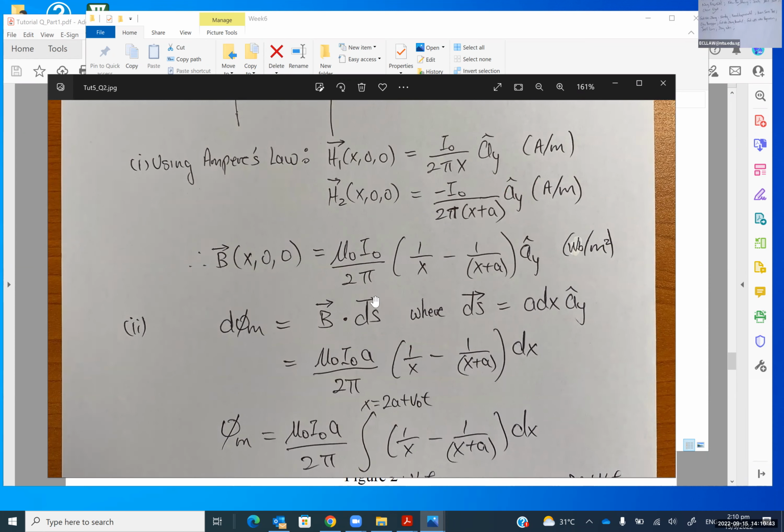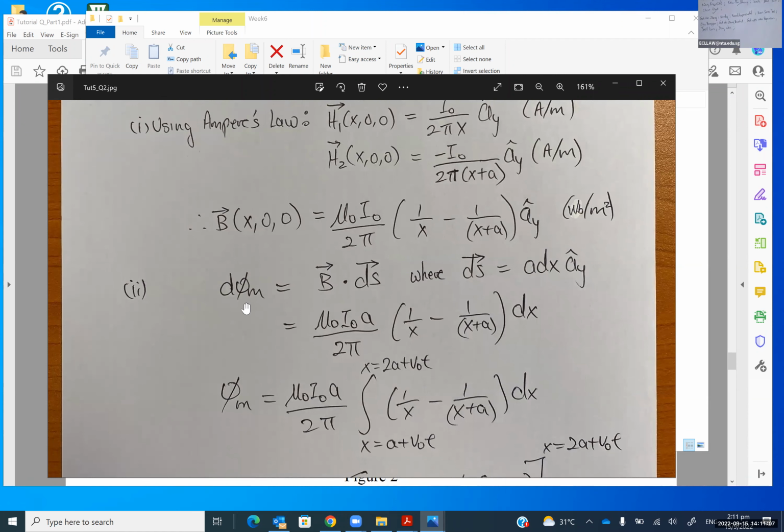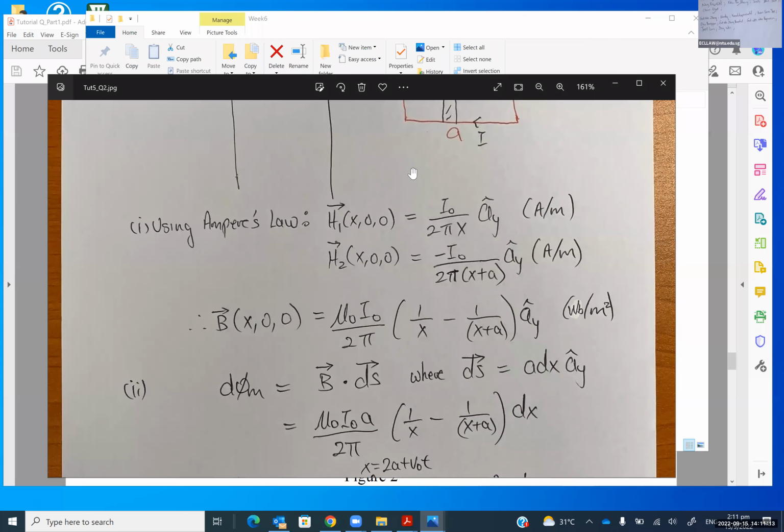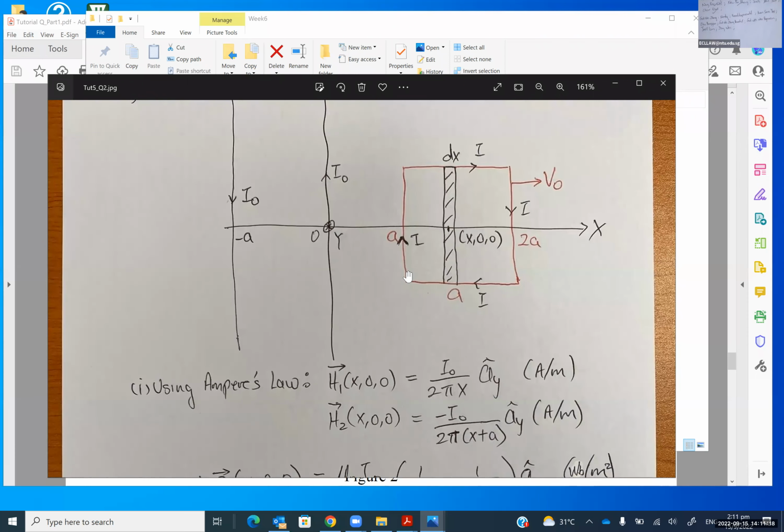Next we are going to do the magnetic flux by multiplying the B vector with the ds vector. It's a vector dot product. AY dot AY is 1, so I have all these terms multiplied by A dx as my scalar term in the flux. Then I need the total flux, so I integrate over dx, from the leftmost wire all the way to the rightmost wire.